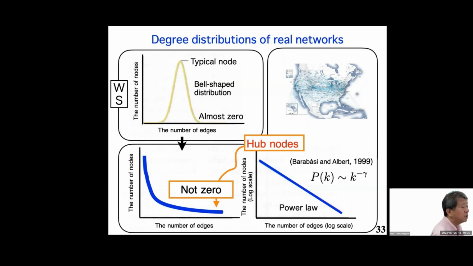The appearance of such a straight line on the log-log plot means that the degree distribution P of k has the form k to the power of minus gamma. So this is another typical characteristic of real networks. And let's look at the result of the degree distributions for actual networks.